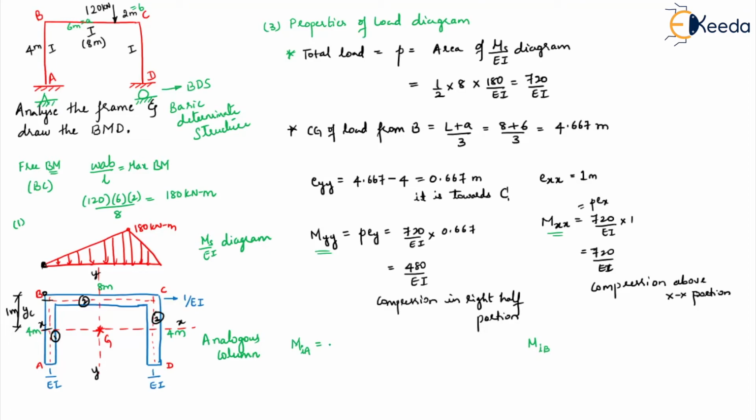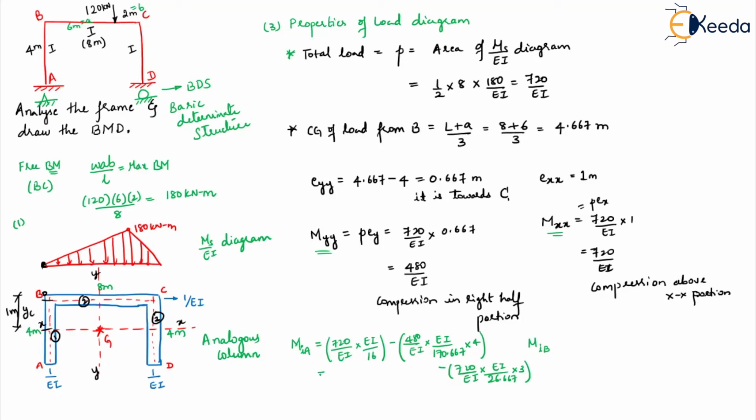How will we do that? 720 by EI into EI by 16 for portion 1, then 480 by EI into EI by 170.667 into 4 for portion 2, and minus 720 by EI into EI by 26.667 into 3 for portion 3.